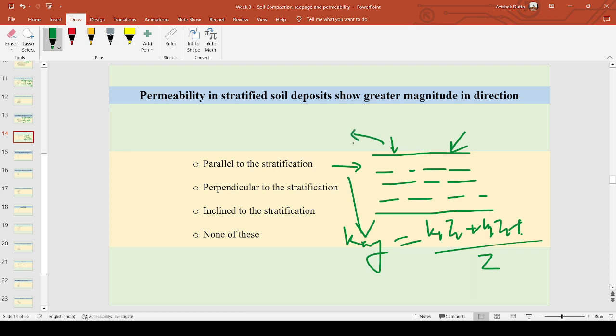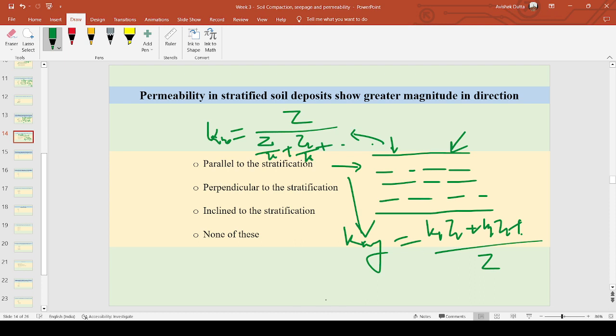We use a harmonic mean, that is K average is equal to first the thickness Z, then divide by Z1 by K1 plus Z2 by K2.